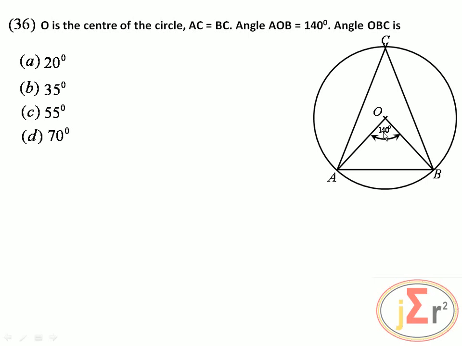And we know that if we have 140 here, then this being the radius of the circle, and this also being a radius of the circle, the angles that we have here will be equal. And of course we will take this 140 from 180 and divide the result by 2, and we will get, no doubt, 20, and the answer is also here.